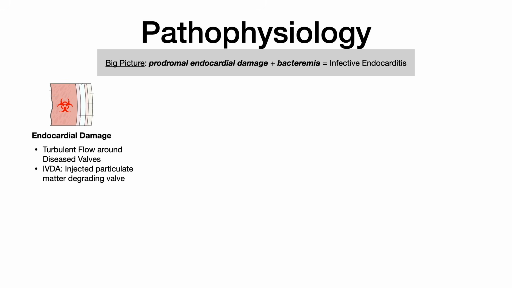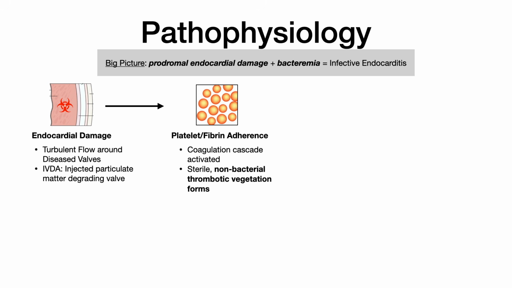But both of these, functionally speaking, turbulent flow over a diseased valve or particulates from intravenous drug abuse, are doing the same thing. They are eroding and degrading a valve and exposing a potential site for bacteremia to occur. Now, when that happens, you get platelet fibrin adherence. As you're hopefully familiar with by now, the coagulation cascade is activated.